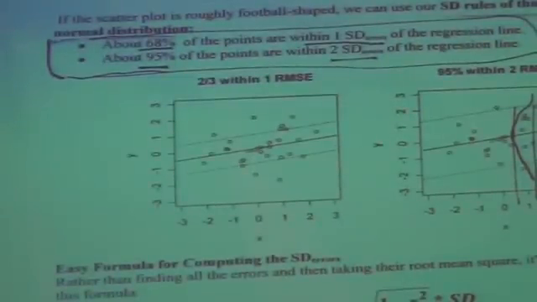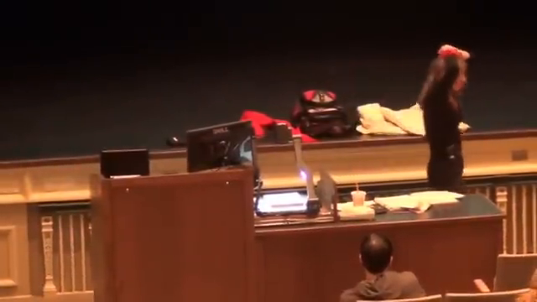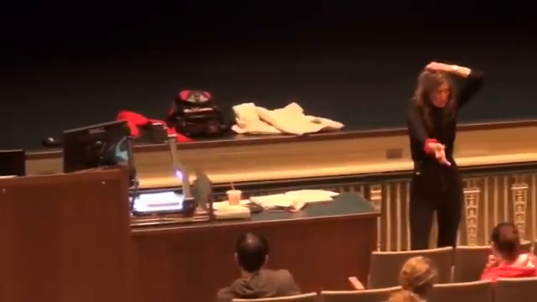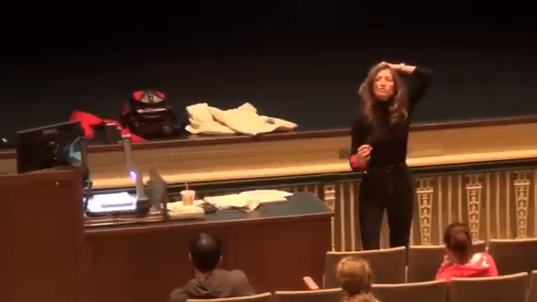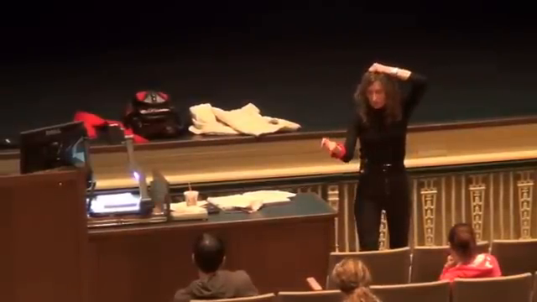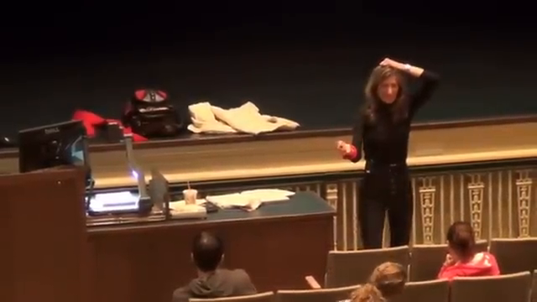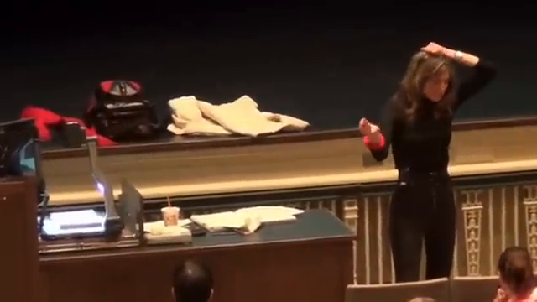So the typical size, that standard deviation line that I just showed you, how do you know how to get that standard deviation of all the errors? Wouldn't it be horrible to have to take all 900 of your data points, figure out their distance from the regression line, and then what would we have to do? Square them, and then take their mean, and then take their square root?